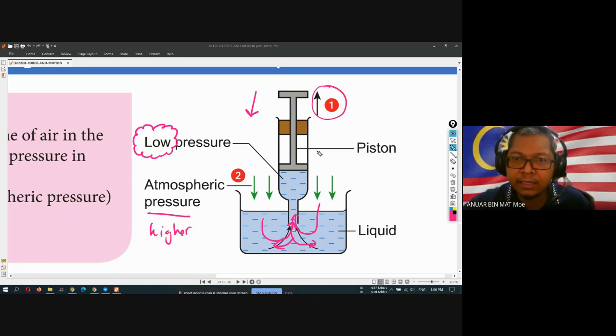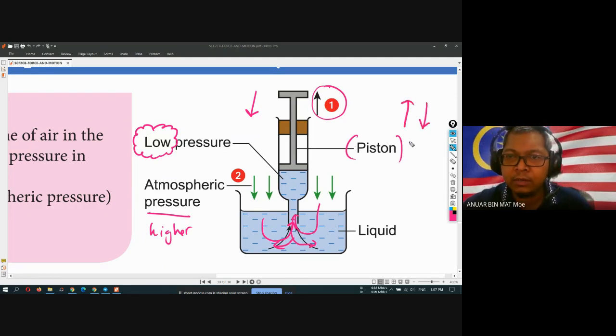You must understand the piston over here is just like the plunger. Whether you do the pulling action or pushing action will change the pressure, whether it has lower pressure or higher pressure.